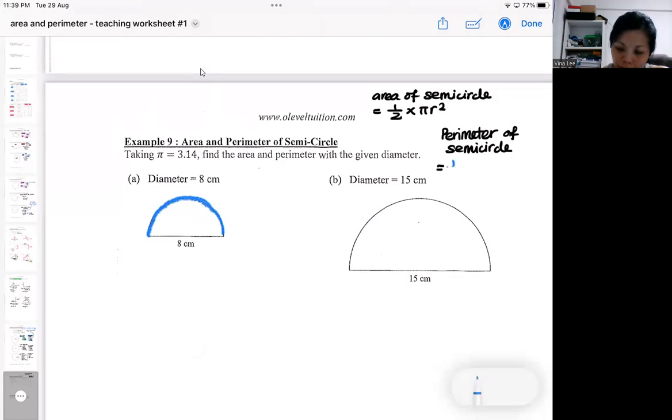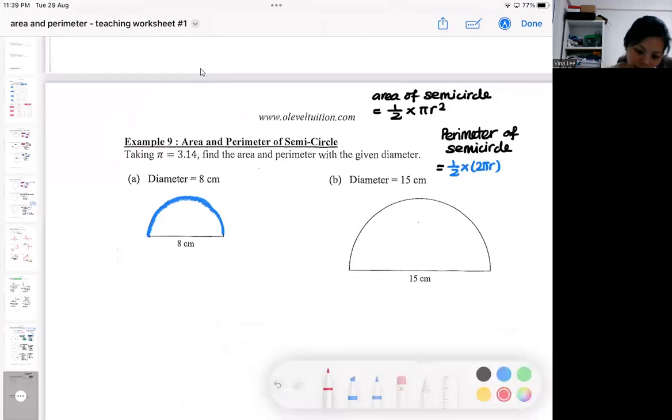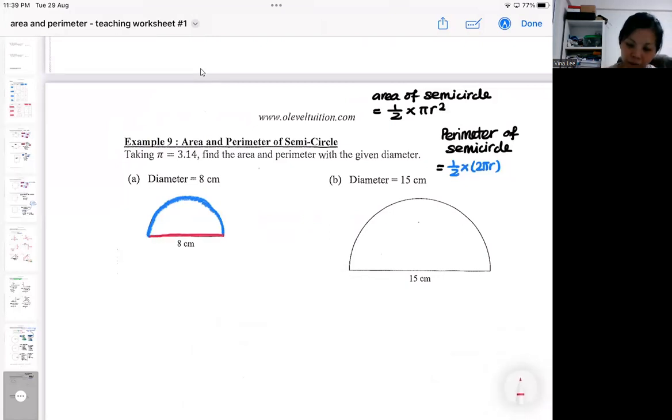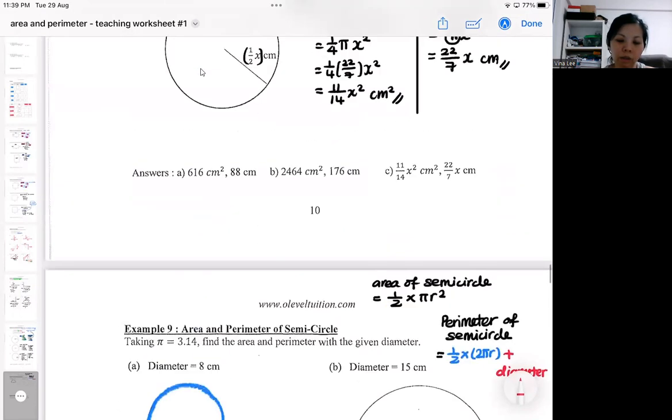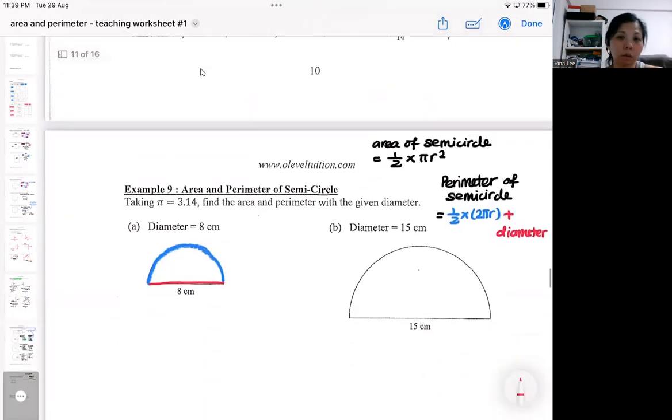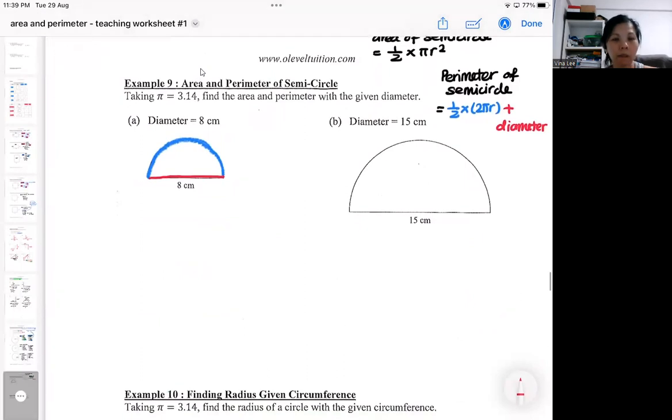So it will be half of the circumference, but I need to add the diameter because this is also part of the outline. When we say perimeter, that means it's all the edges. The diameter is also part of the edges because it's being cut into half. Just now when you were doing the circumference, there's no issue with this. But right now, because you cut it into half, you got extra edges in your perimeter.